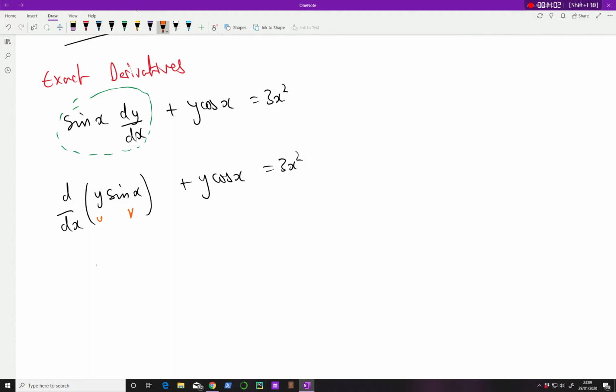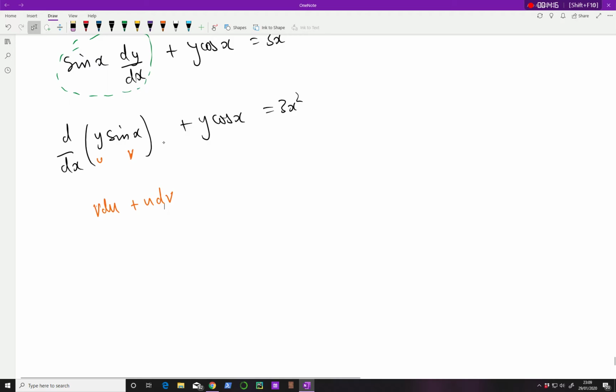The differential of two functions of x, where one of these functions is actually y, is going to equal v du plus u dv. So if my u is y, then du is just going to be dy by dx, and then multiplied by v, so that's just going to be sine x right there, plus u, which is y, and then dv is simply cos x.